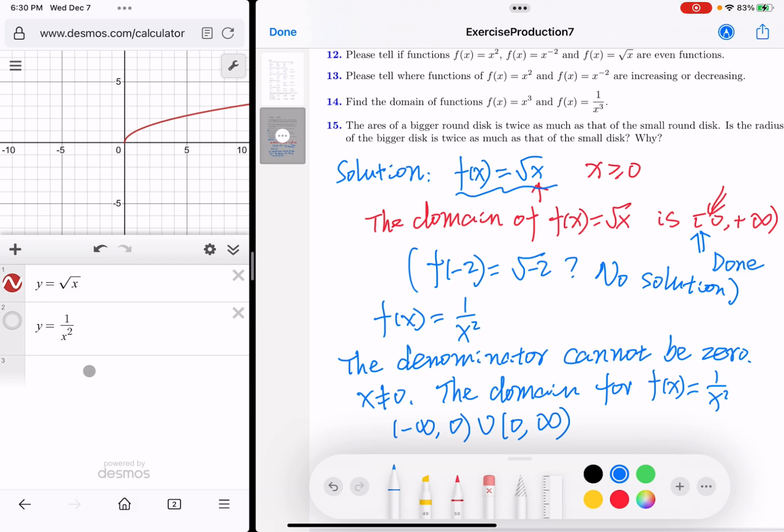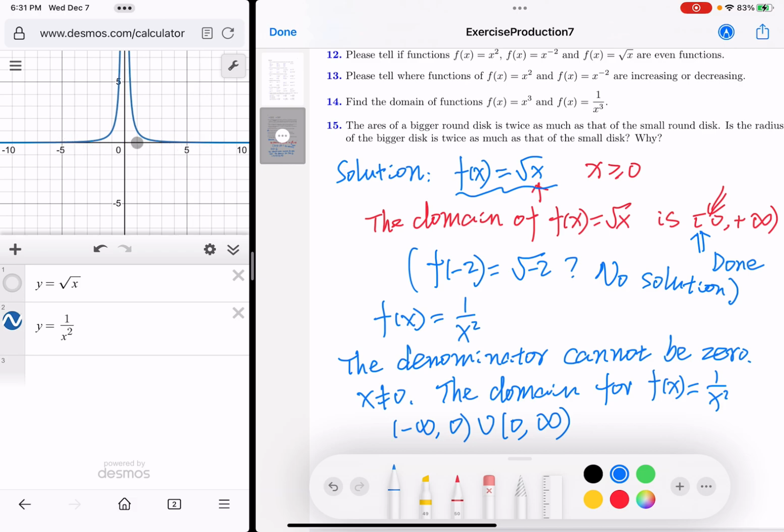How does the picture look? The picture for this one looks like this. It looks like it touched this point on the x-axis, but it actually never touched the x-axis.